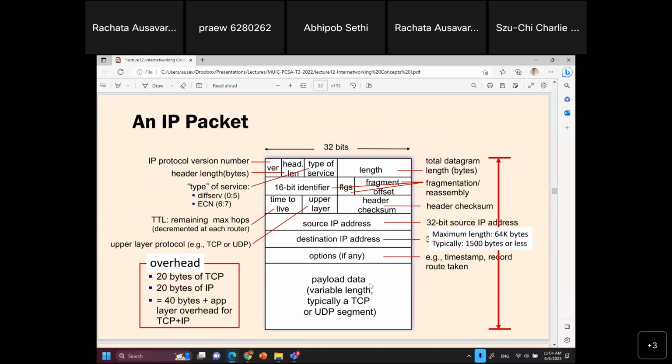The header, then you have the identifier, the flags, any offset, fragmentation, and reassembly. That means that if somehow my network doesn't send the packet as a whole, what does it mean? I have an IP packet, right?